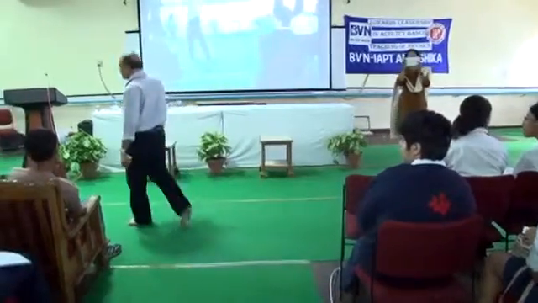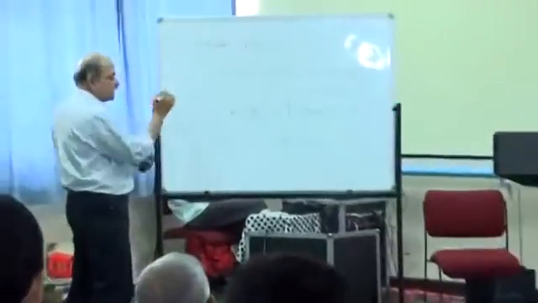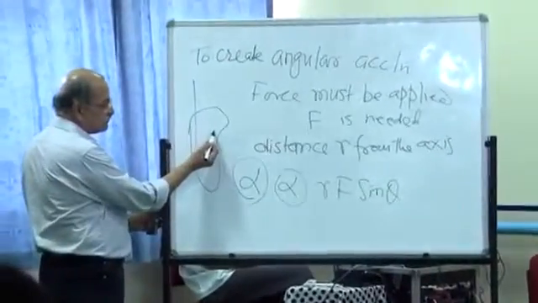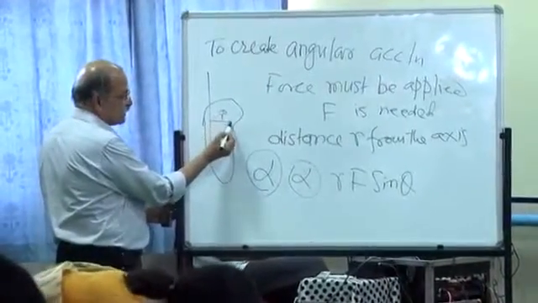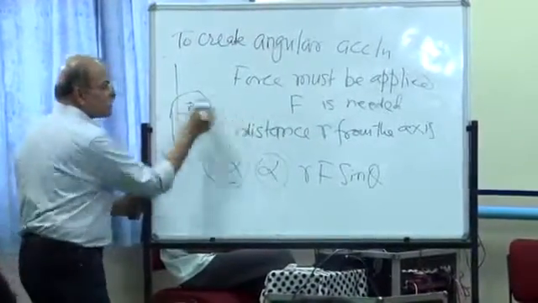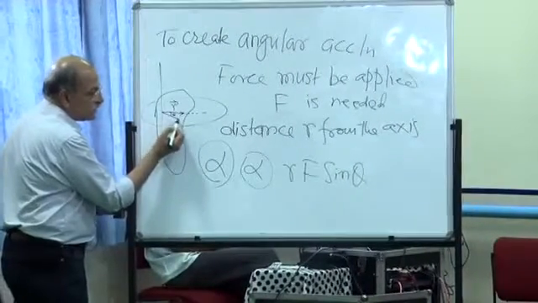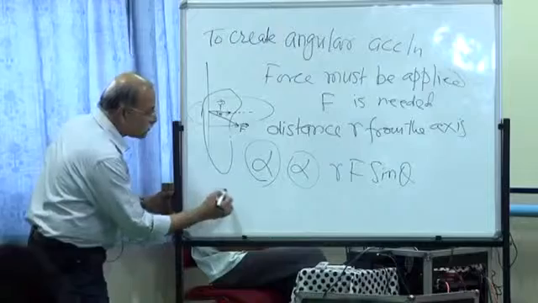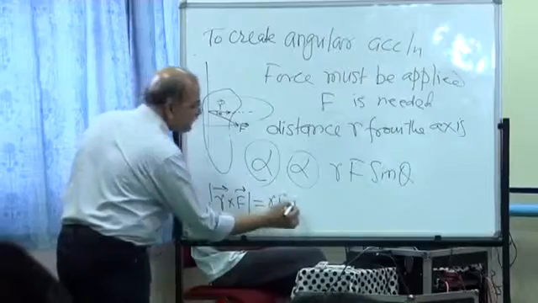So if I write it in vector form, here is the rigid body. This is the axis of rotation, and I take a particle. I drop a perpendicular here, and this I call the r vector. This is the point where I will be applying force. And in that perpendicular plane, making angle theta with this r vector is the F vector. And the magnitude of r cross F is r F sine theta.